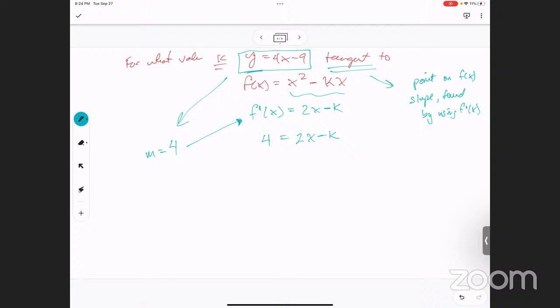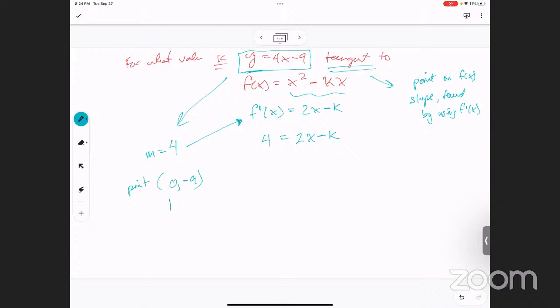I think we might have to do a system of equations possibly. So we know that the slope is 4. And I know one of the points is 0, negative 9, and that's on the actual function.